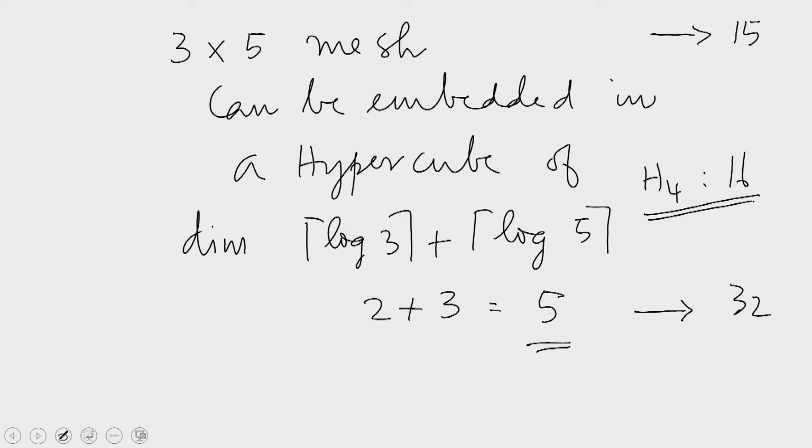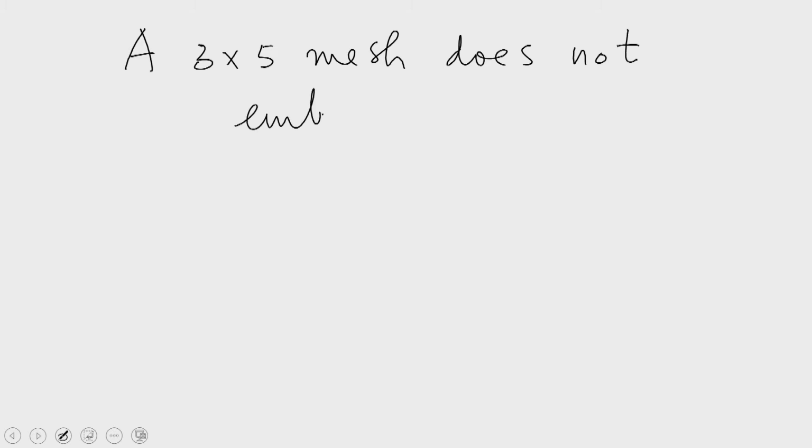But then, as it happens, a 3×5 mesh does not embed in H4. It embeds in H5, but we are going to claim that it will not embed in H4.